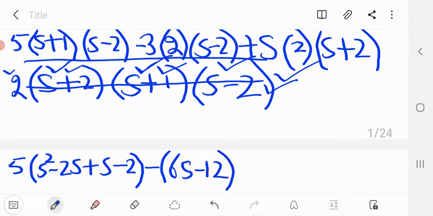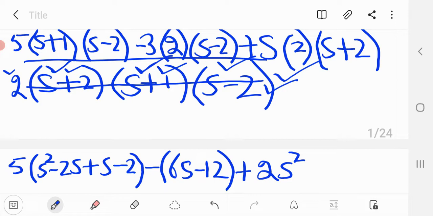Similarly, in the next step 2 into s will be multiplied with s plus 2. So 2s square. Here a bracket is not necessary because plus does not have the property to change the sign of the remaining terms.